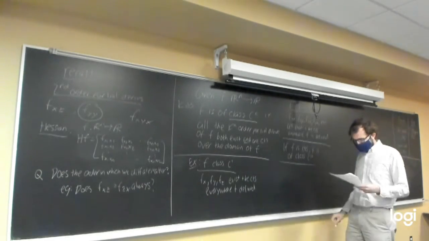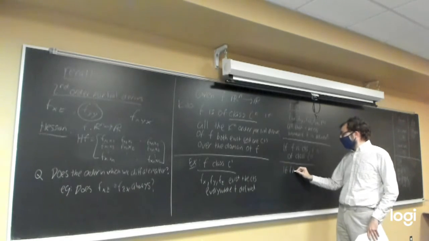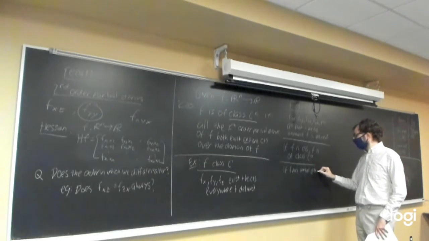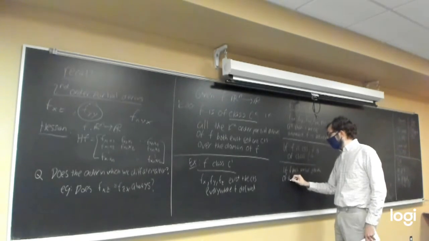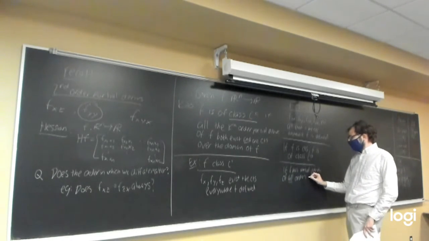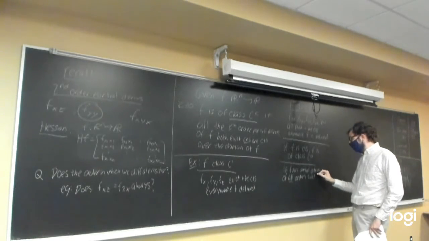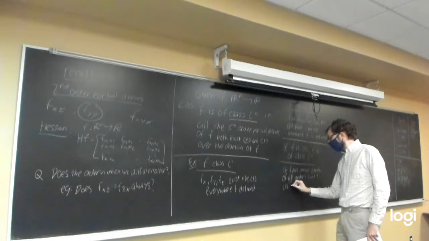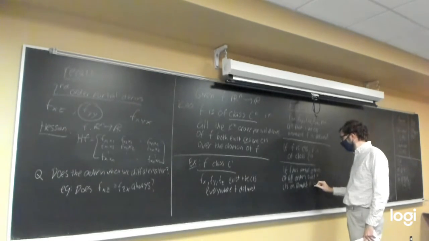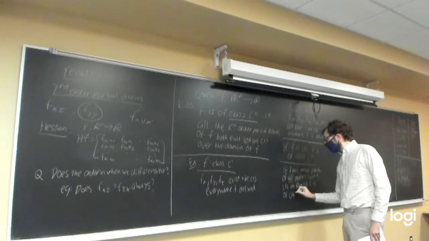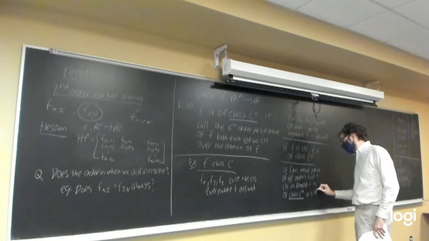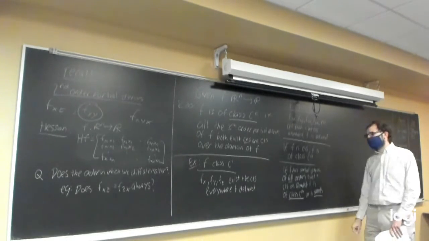And finally, we can say if f has partial derivatives of all orders, exist and are continuous on the domain, then f is of class C infinity, or is called smooth. It's just another way to refer to that.